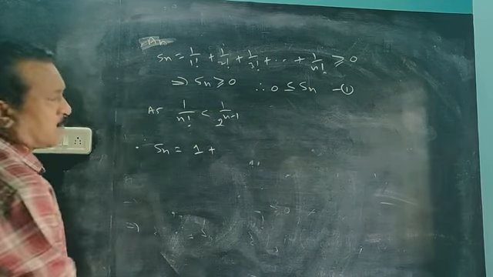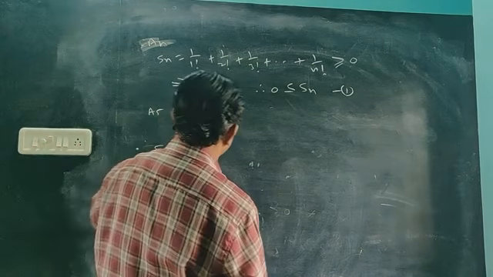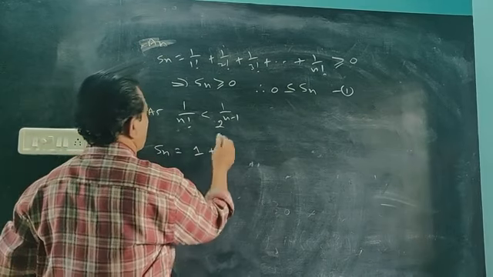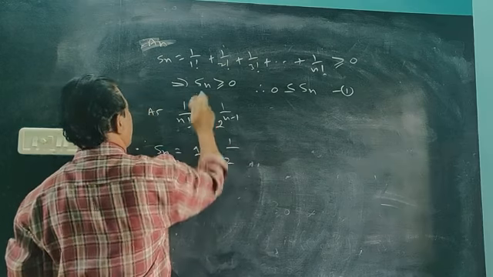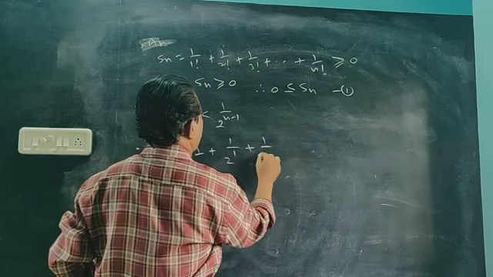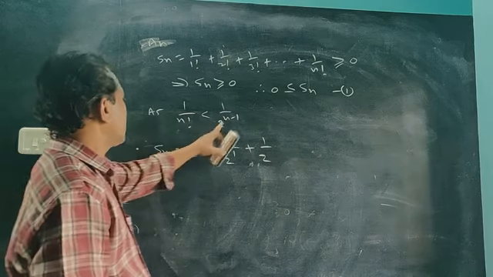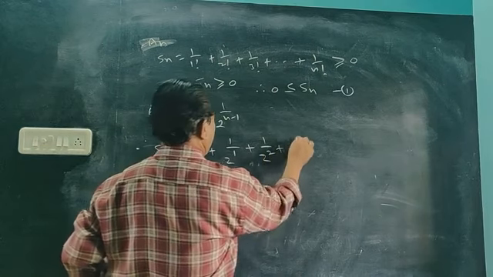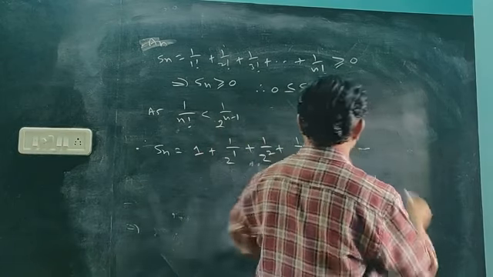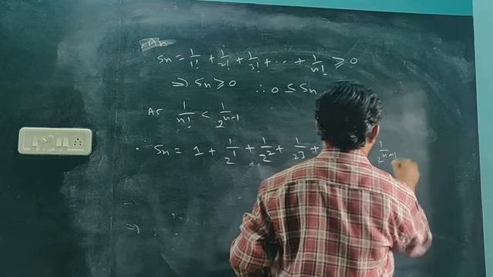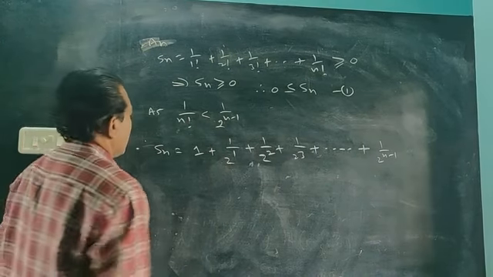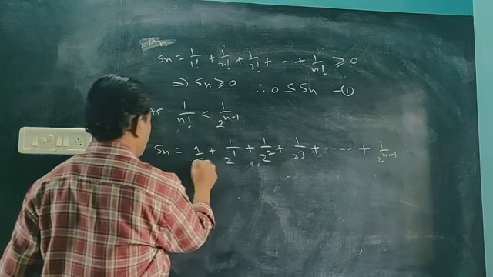After that, for n equal to 2, 1 upon 2 raised to power 2 minus 1; for n equal to 3, 1 upon 2 raised to power 3 minus 1, and so on. The last will be 1 upon 2 raised to power n minus 1. The first term means 2 raised to power 0.